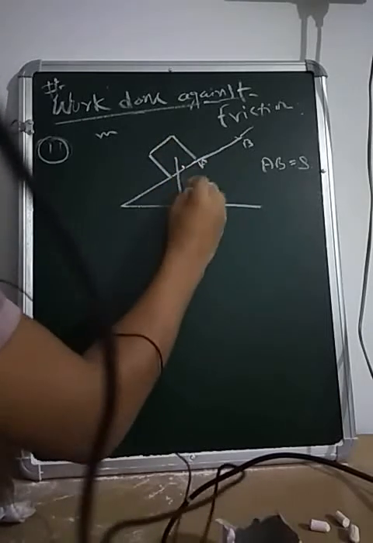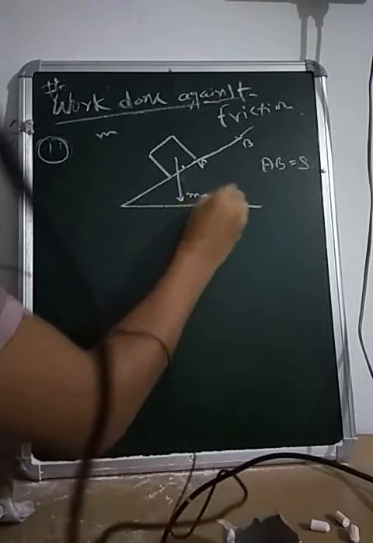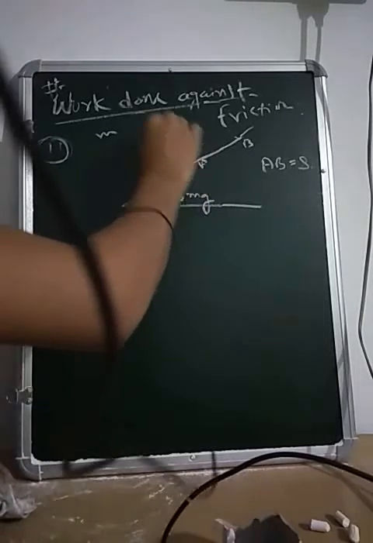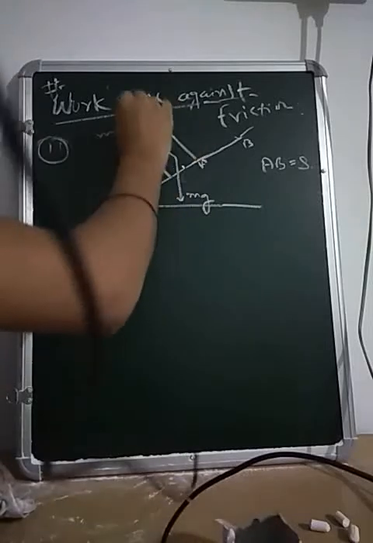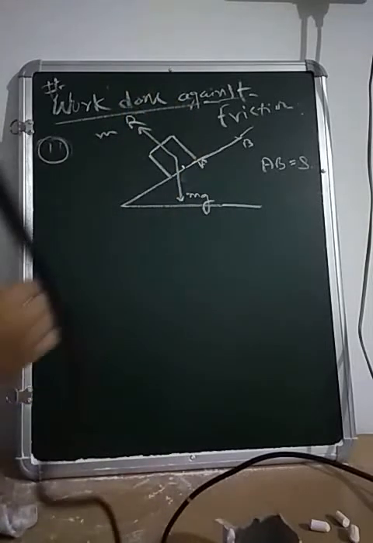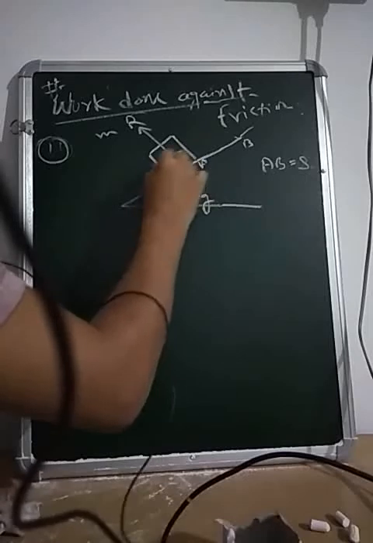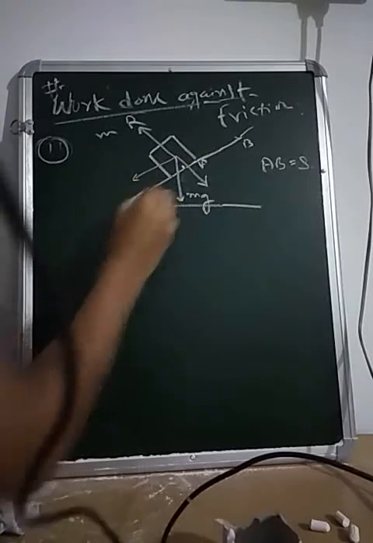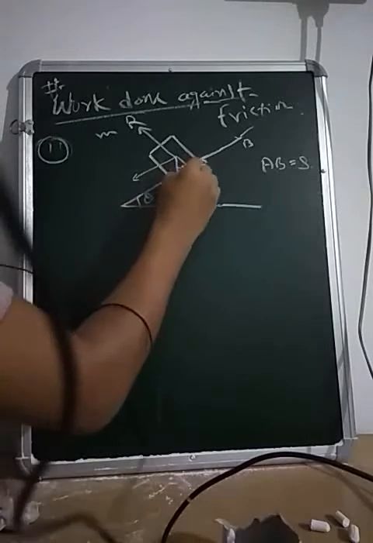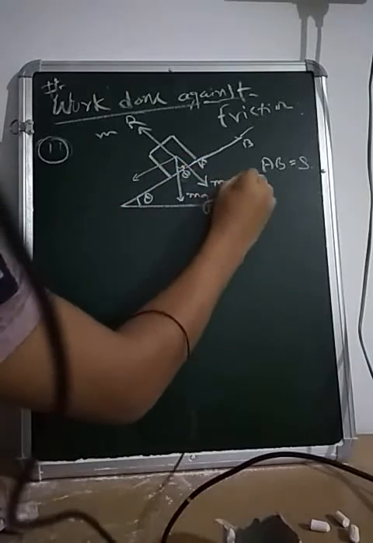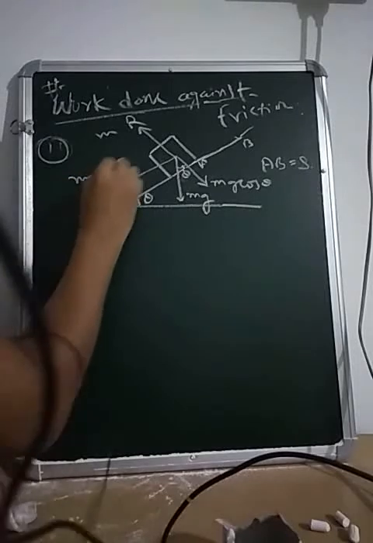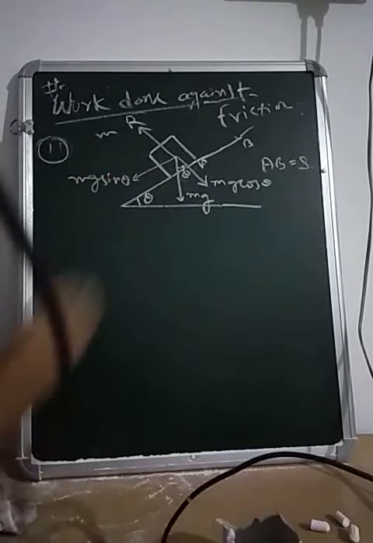The gravity is applied in the vertically downward direction, and the normal direction is always perpendicular to the surface on which the body is present. So here we resolve mg into two components. Suppose this is theta, the angle of inclination, this will also be theta. This component will be mg cos theta, and this will be mg sin theta.